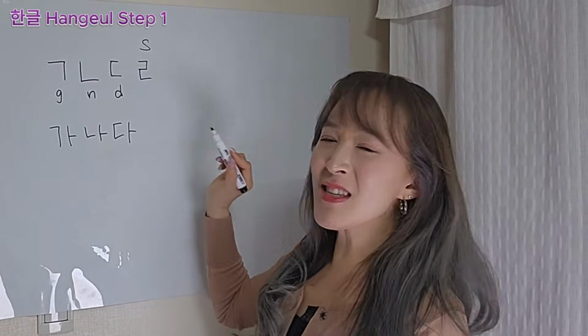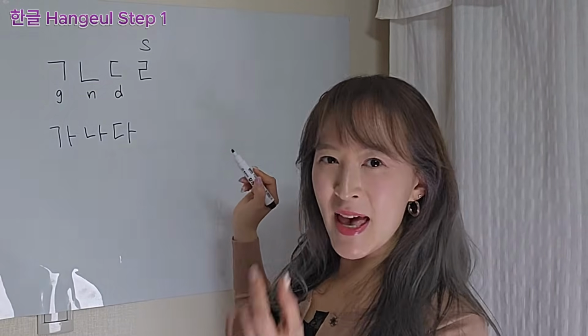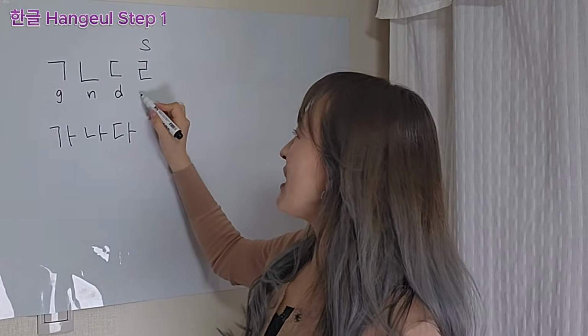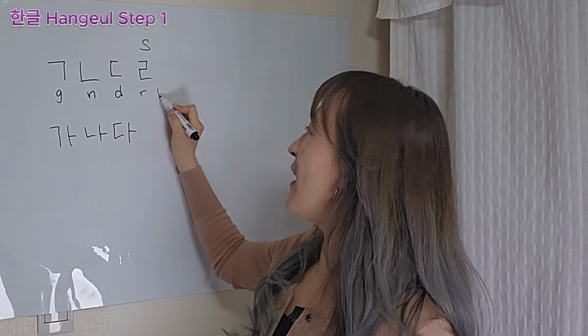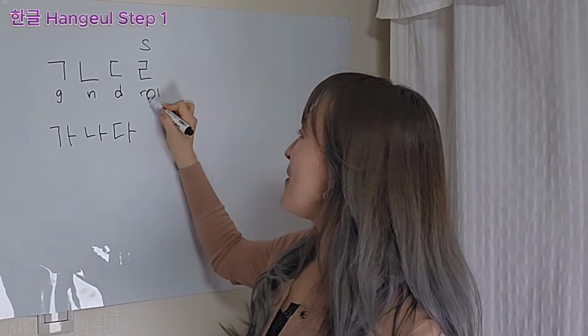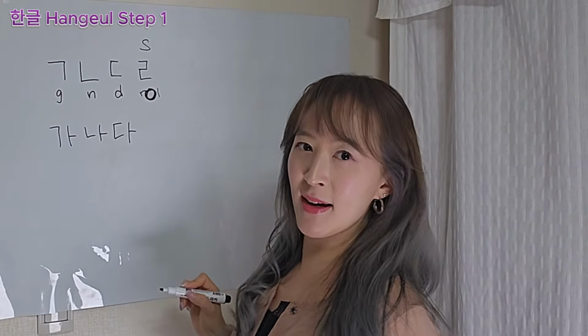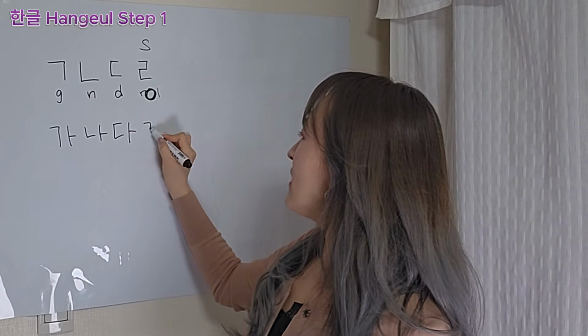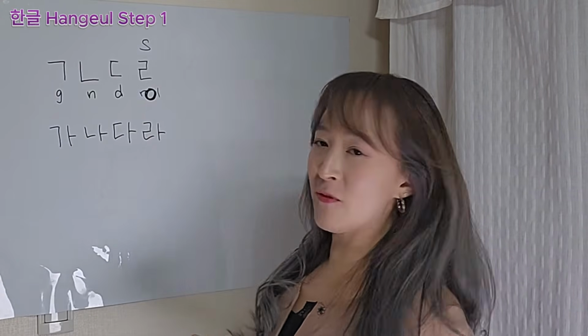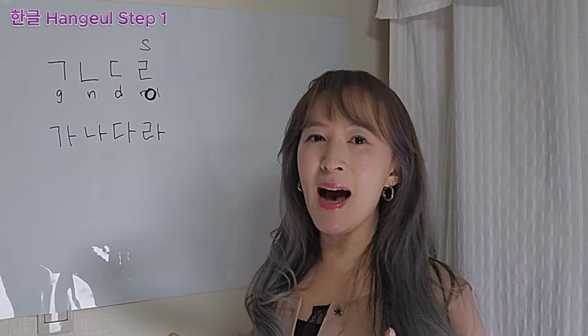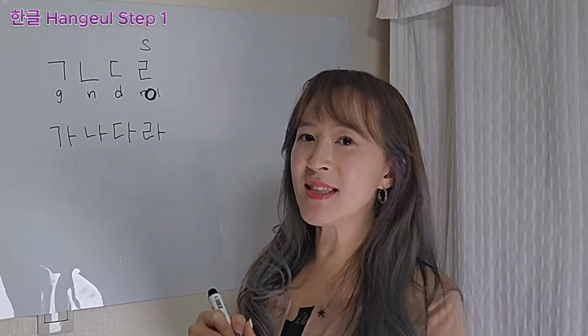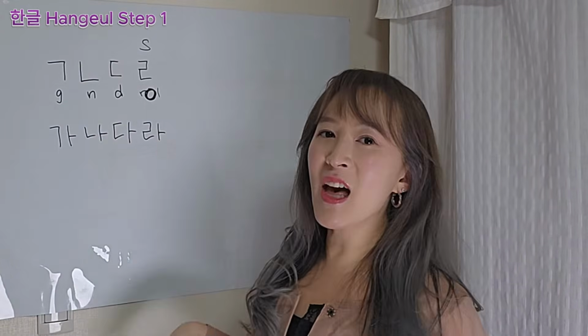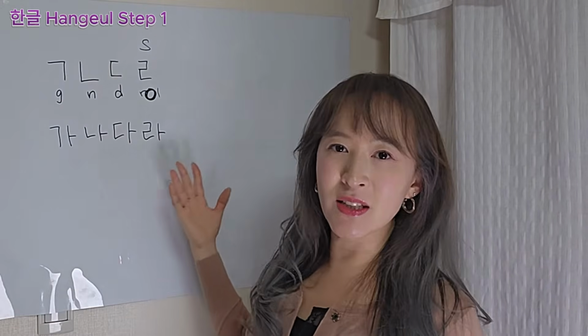This is also a little confusing to say because this is neither R nor L. It's more like the in-between sound. So if I want to say this, it's ra, ra. So it's not la, it's not ra, so it's ra.